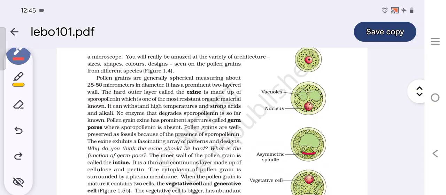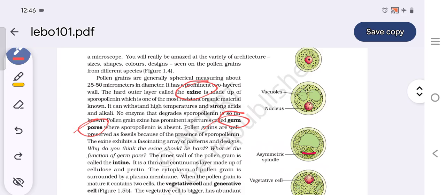Now, when you have an outer layer which is so thick and made up of such a hard substance called sporopollenin, how does the male gamete come outside, right? So there you have a very important term again, which is known as the germ pores.